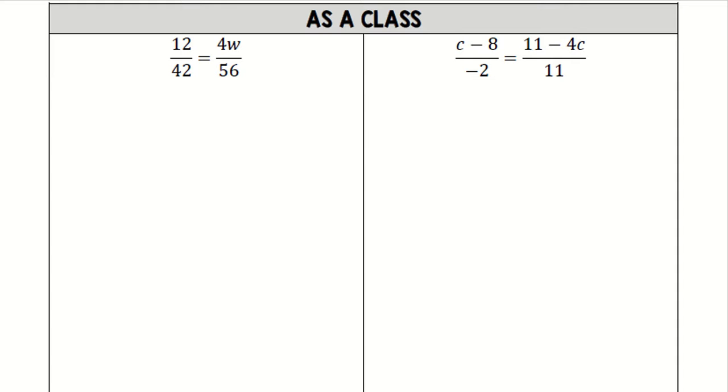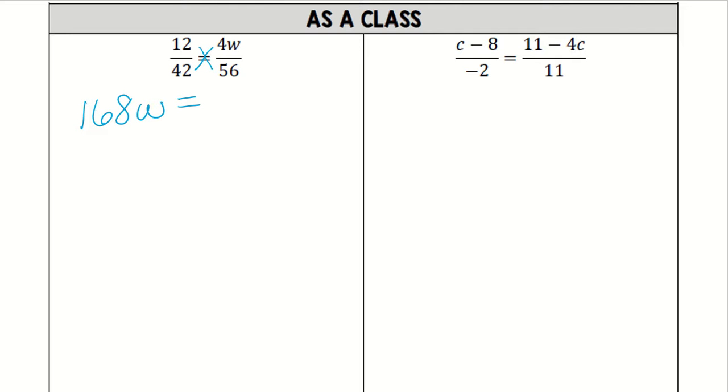Okay. So still on page 39, we're just doing the as a class problems on the bottom, following the same steps we just had. Cross multiply. So I'm going to start with my variable. So I have 42 times 4w, which is 168w. By the way, if you have not grabbed a calculator yet, you can in a second.